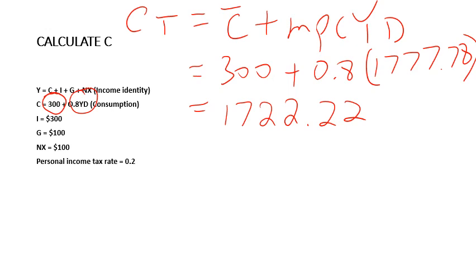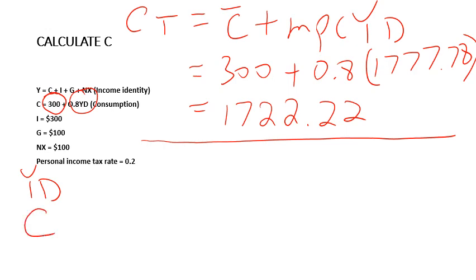Now, next level of analysis. We've already calculated disposable income, and now we calculated consumption. The difference between disposable income and total consumption, I want to be more precise, total consumption will give us SP.